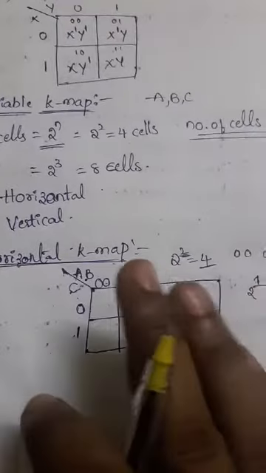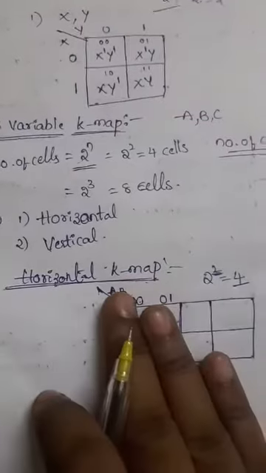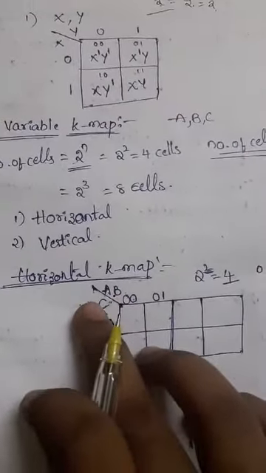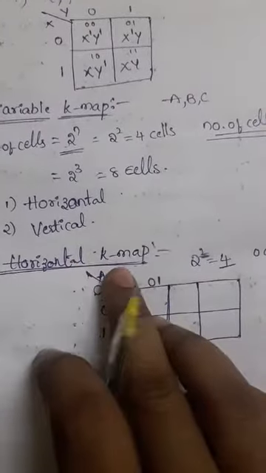One more point: in this horizontal K-map for three variables, you can represent A here and BC here, no problem. You can interchange the variables, that's your wish.